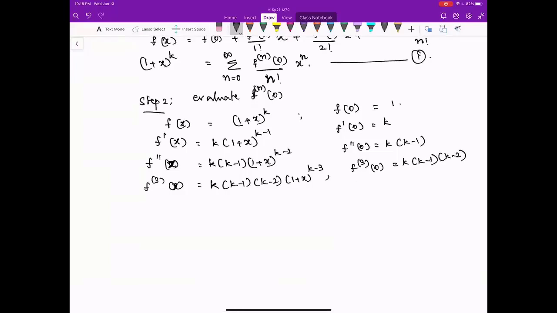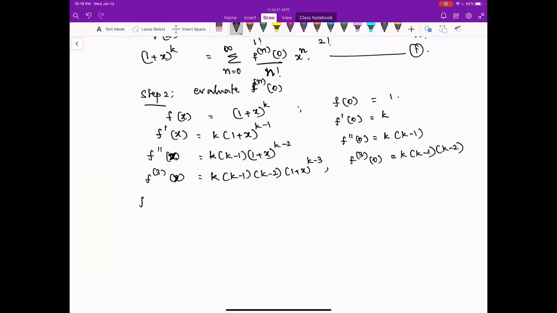So if you have to write the nth derivative, notice one thing: when you are doing the third derivative, you get 3 factors. When you do the second derivative, you get 2 factors. For the third derivative, it ends at k minus 2, which is k minus 1 less than 3.